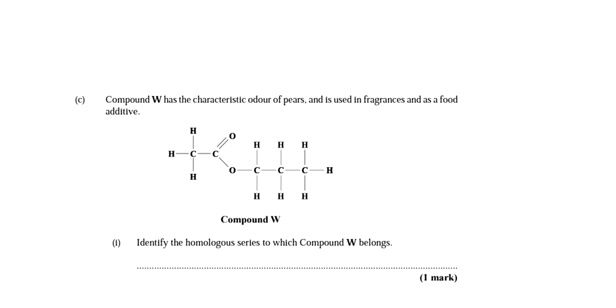So we have compound W and has a characteristic odor of pears. Now once you see an organic compound, at least at your level, when you see something has a characteristic smell, in the case of pears, without you reading anything further, I can tell you that this compound has to be an ester. So they said identify the homologous series to which this belongs, and it belongs to the ester group. And this here is a functional group present in an ester.